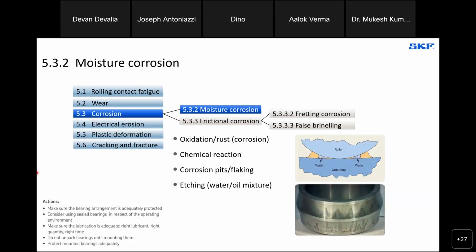And the water is wicked around the rolling elements at a standstill. If this is a horizontal application, gravity will pull the water or these liquids down and pull them around. So you see the damage typically at roller spacing or rolling element spacing.